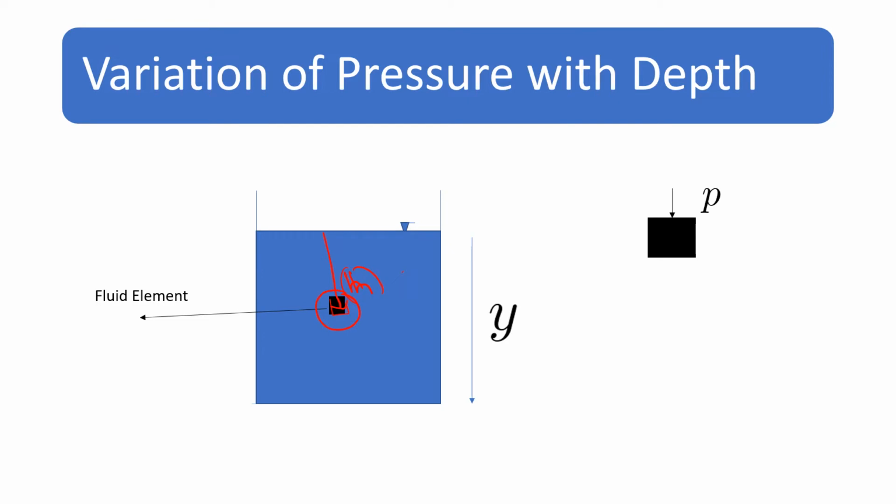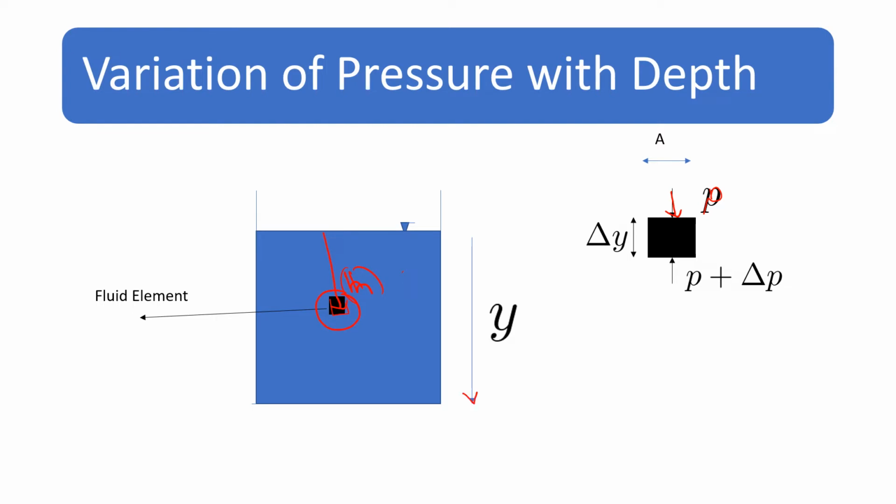And on the fluid element, at the top, the pressure exerted by the fluid is P, and at the bottom, it is P plus delta P. At the bottom, pressure slightly increases. That is delta P. The fluid element's cross-sectional area is A, and the height of the fluid is delta Y. Here we have taken the Y in the downward direction.